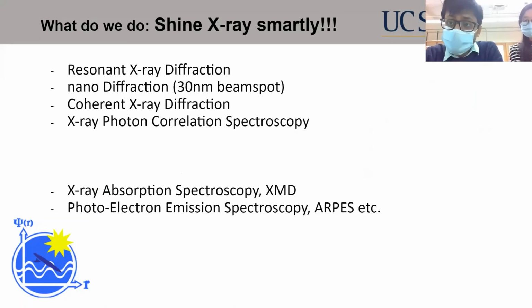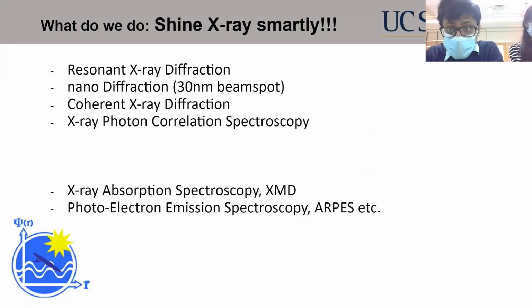We can do nano diffraction, where the beam spot size becomes very small, like 30 nanometers. This is like 300 times the smallest length scale, or 100 times the smallest length scale. So we are only focusing on 100 nanometers, like 100 unit cells at a time.